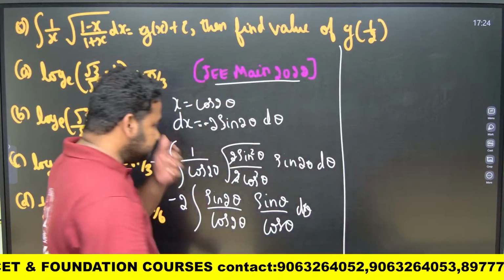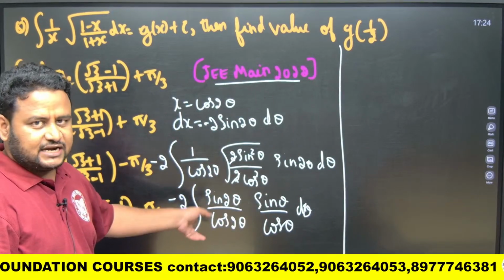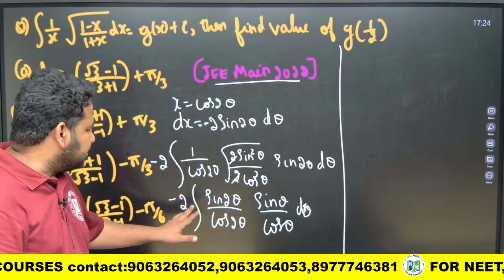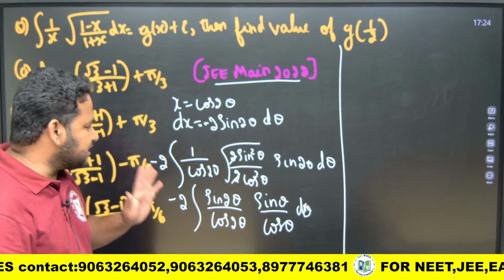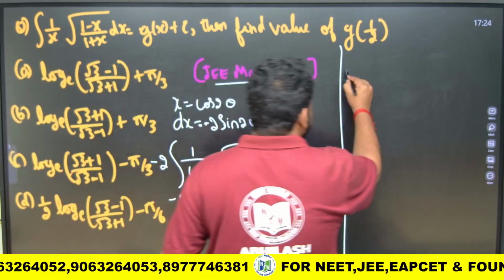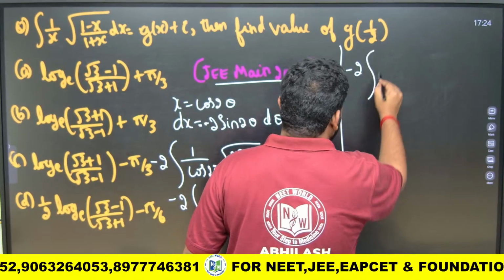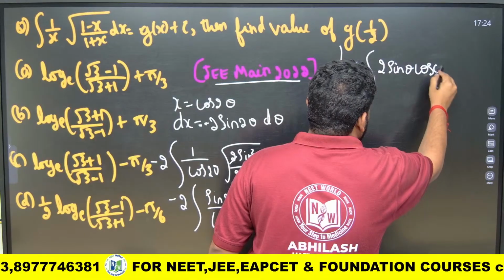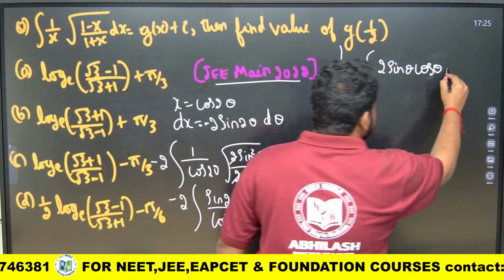So here, instead of converting to tan, let us expand sin 2 theta. Whether cos 2 theta should be expanded, let us see. First, let me expand sin 2 theta and see whether anything cancels. So I can write it as minus 2 times sin 2 theta, which is 2 sin theta cos theta, into sin theta.